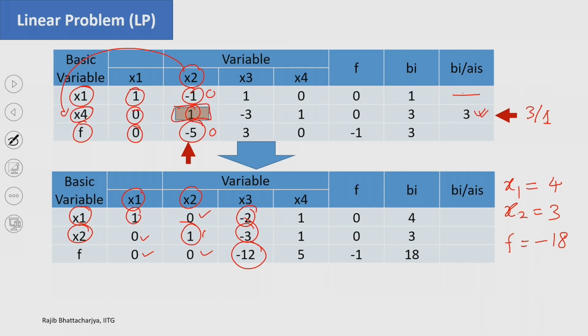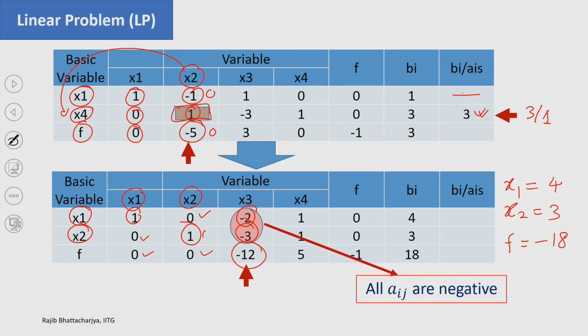So, therefore, if x 3 is entering, in that case what will happen is that x 1 can go up to infinity, x 2 can also go up to infinity. So, therefore, this is a problem of unbounded solution. That means all a i j are negative in this case.